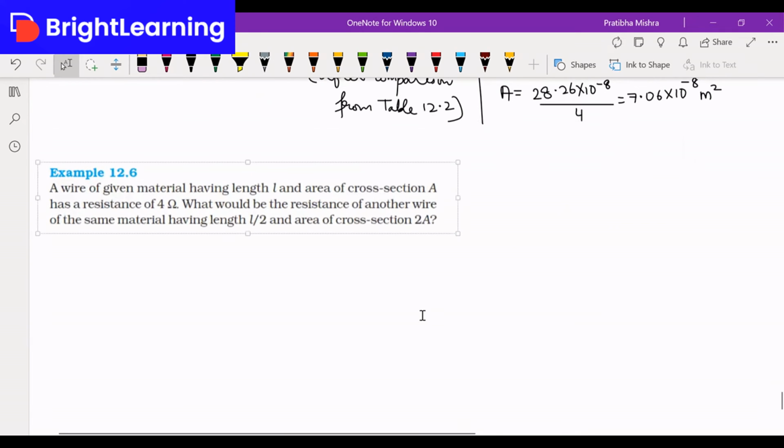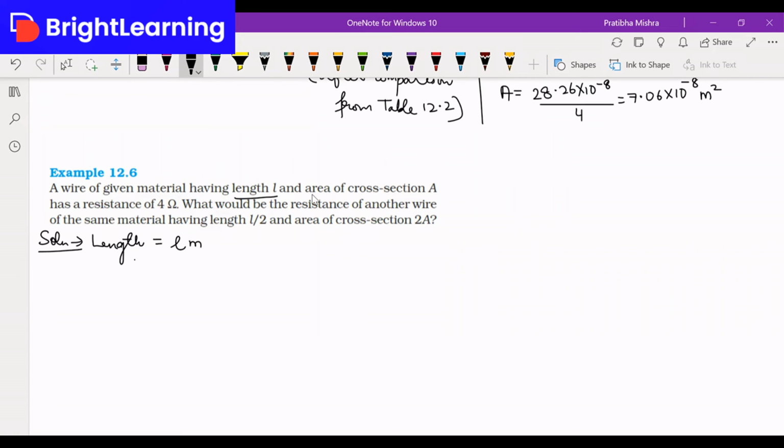So this is a new question. It says a wire of given material having length. You don't know what material that is. So they're telling the length is L. So let's write it down. Length is L meter. Okay.